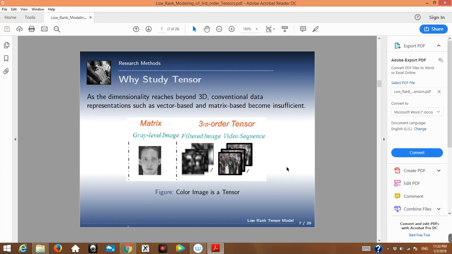So for this kind of data cube with dimension bigger than 2, conventional data representation using a matrix is not sufficient. That is, we need to consider such a high-dimensional array, which is a tensor.